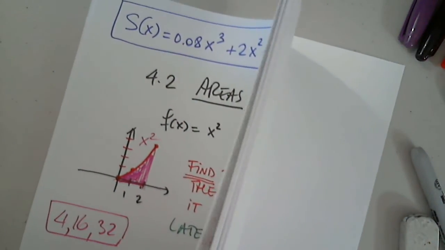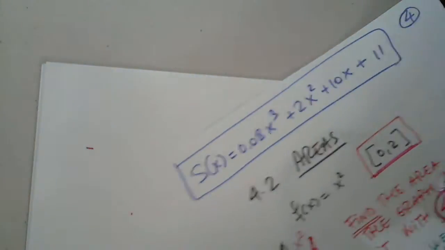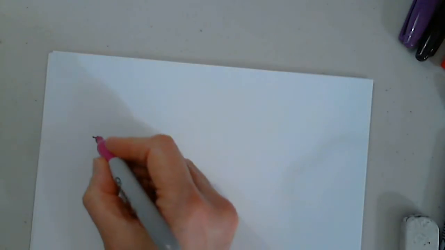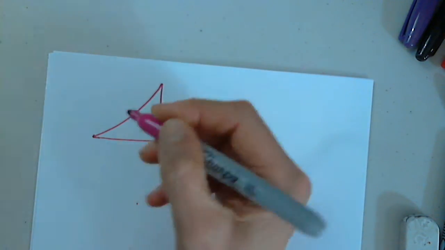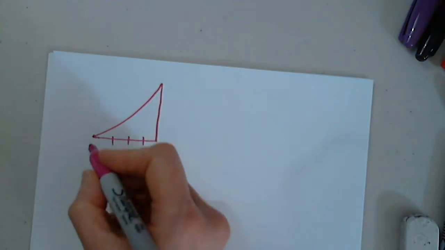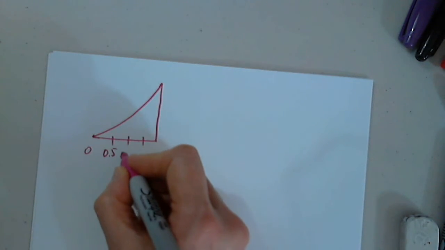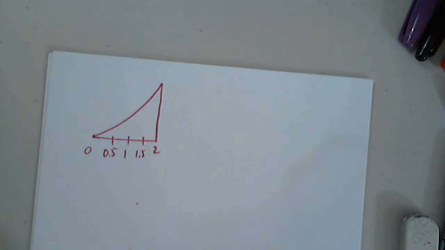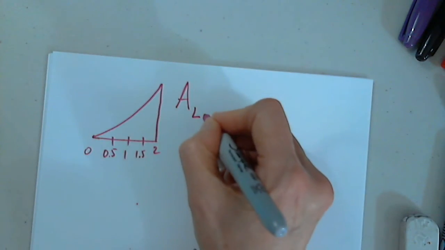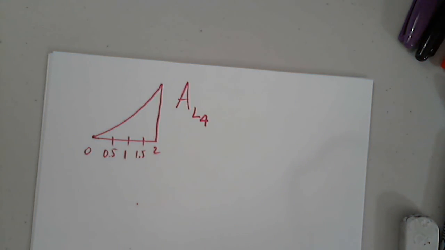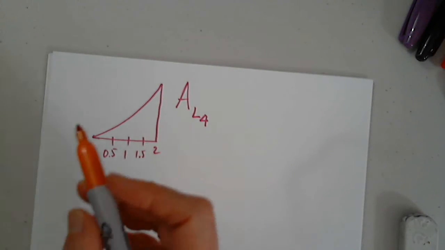So let's start with the leftmost point. So here's my graph. Again, I'm not going to graph it exact. I have 0, I have 0.5, I have 1, 1.5, and 2. And this is the area left 4. Leftmost point, 4 subintervals.